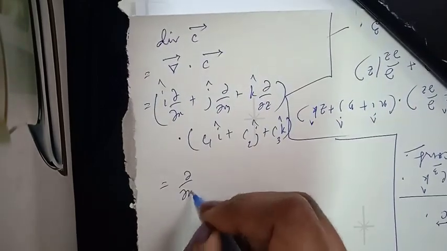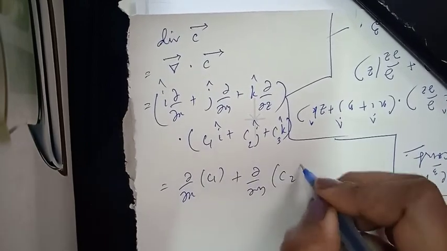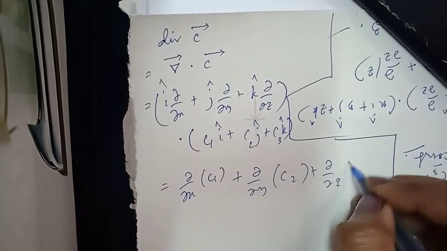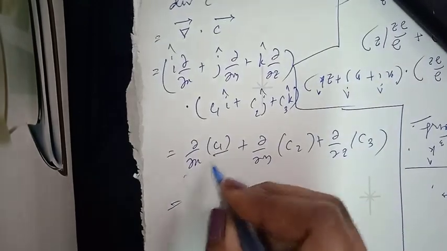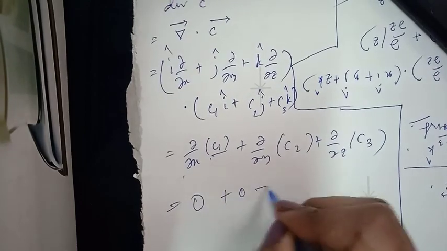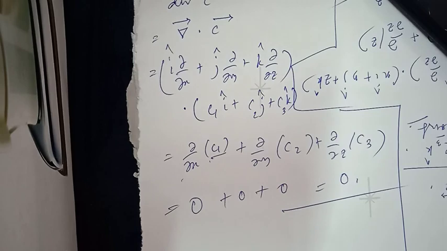That is del x of c1, del y of c2, del z of c3. Obviously it's a constant, its differentiation will be 0, so 0 plus 0 plus 0, this is 0. Got it?